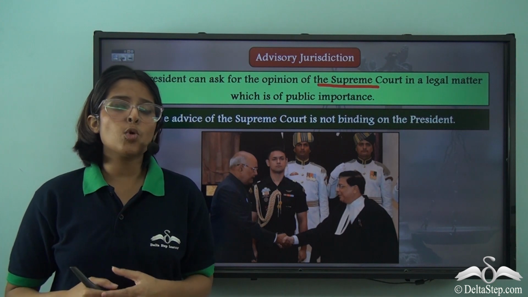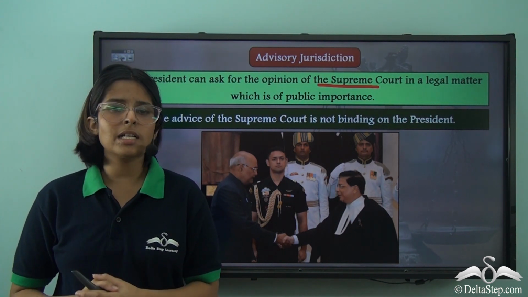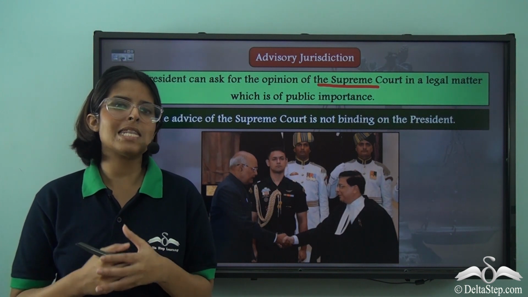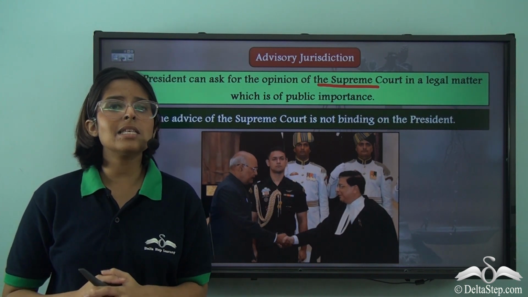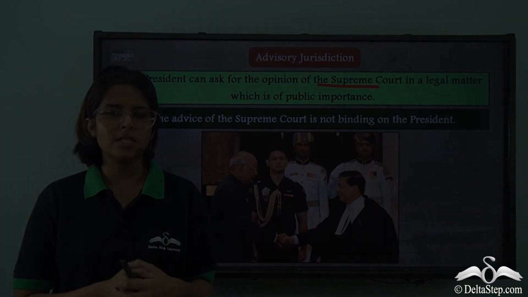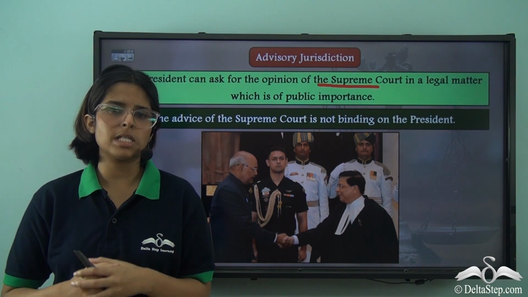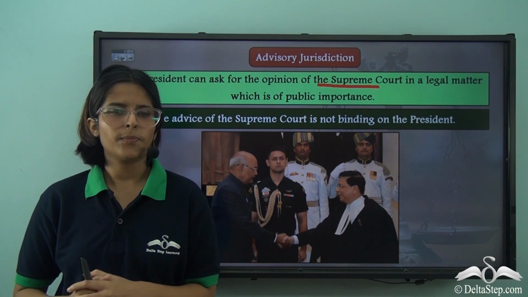But the Supreme Court refused to give its advice, and in this judgment it remarked that the question was unnecessary and was going against the secularism of the country and favored one community over others. So through this case, we understand that the Supreme Court is not bound to give its advice to the President.